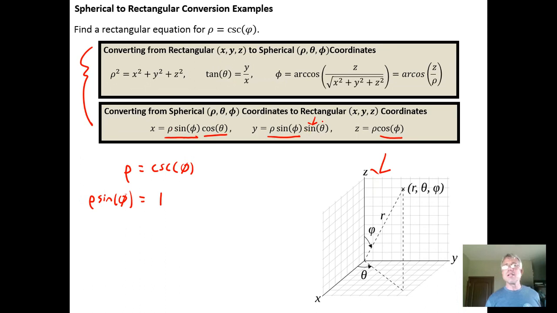That could lead us a little bit in the direction of chasing our tails, but those would be sensible things to experiment with. And a lot of times when you're doing these conversions, that's what you're doing. You're experimenting with the relationships that you have, trying to find something that works and comes out nicely, that eliminates all of the spherical coordinates and leaves you with just an x, y, z kind of thing.